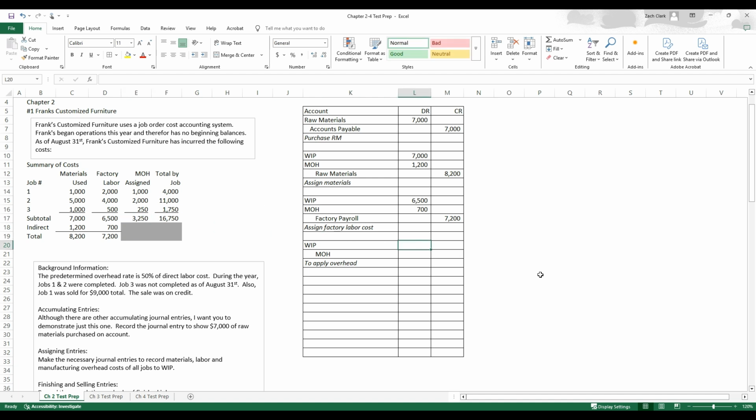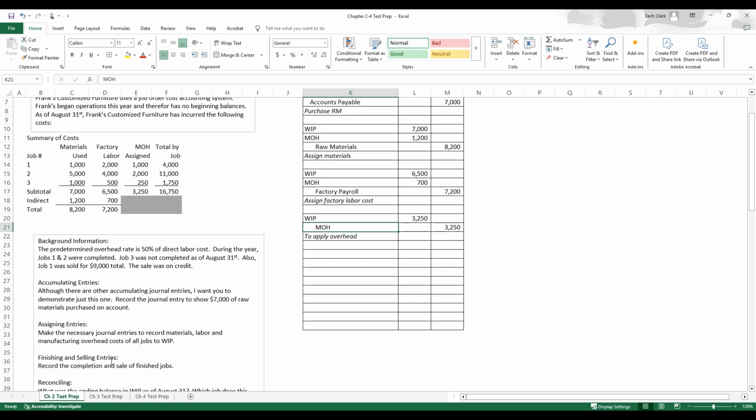It's 3250, or just to show that again, how we could arrive at that amount, we can take our total direct factory labor times 0.5, so it says 50% to get us 3250, which that agrees. Here's the total, and those agree, but then the detail behind that total is here by job, as we're doing, remember, job costing here. Okay. And then we've got our credit to the overhead account. Okay, so that's all of our assigning entries.